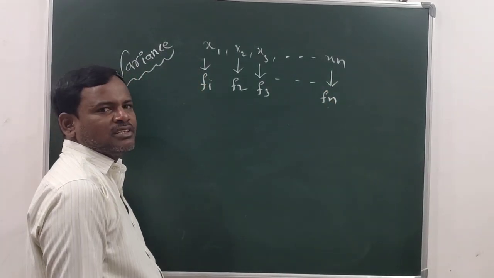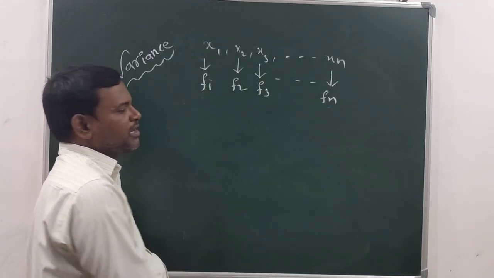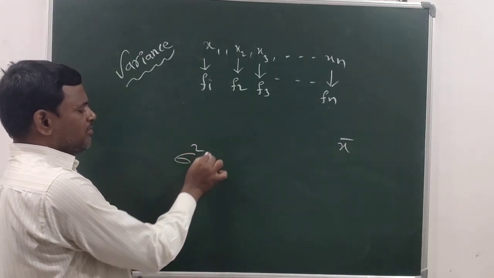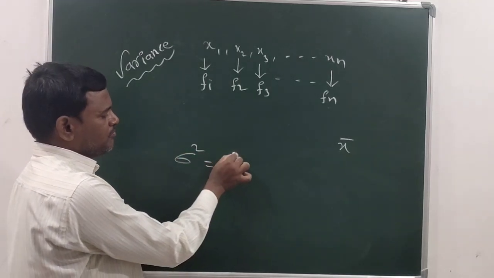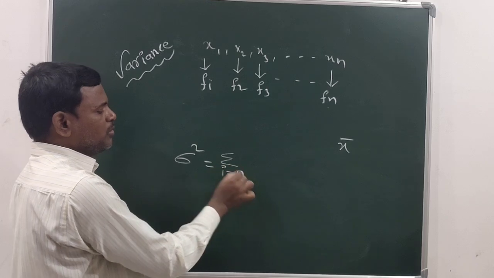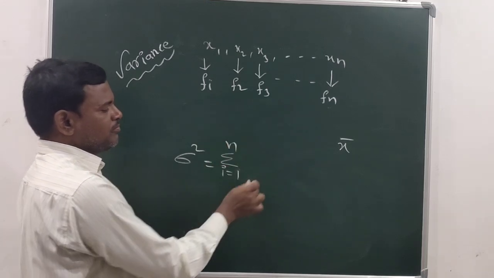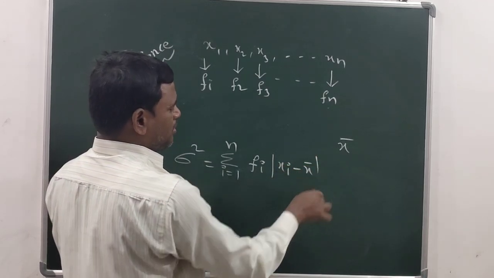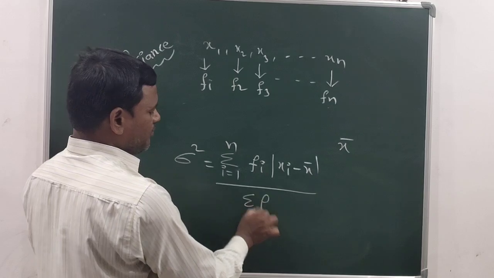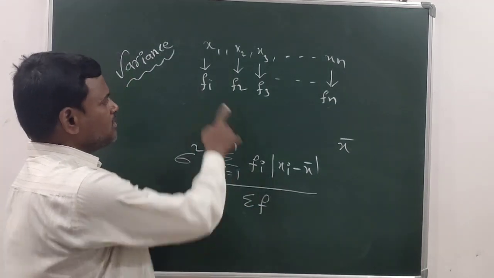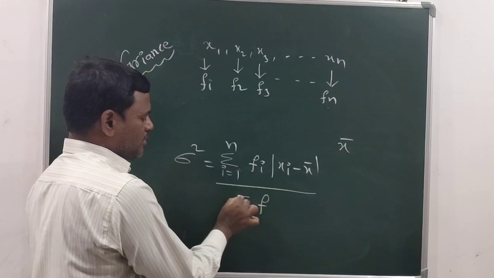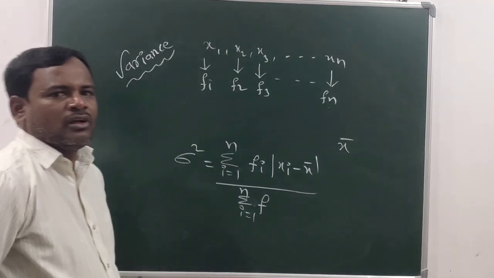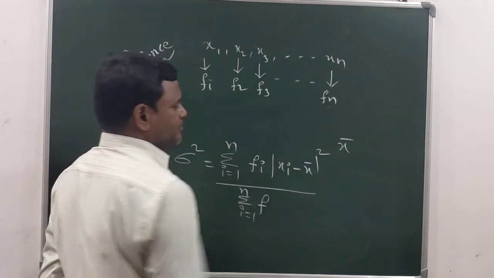In this case, same like previous one, you have to prepare x bar aside and sigma square is equal to, tell me, I runs from 1 to n. Now fi xi minus x bar whole by sigma f. This formula you have to apply. Sigma f means the sum of all these frequencies. If you want to write, you can, I runs from 1 to n. So here whole square should be applied.